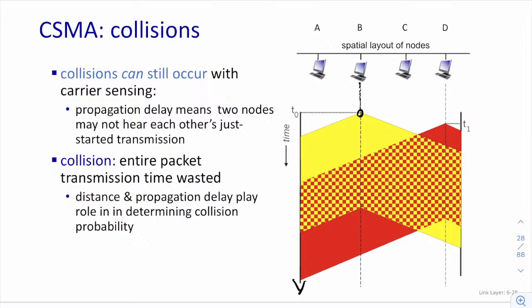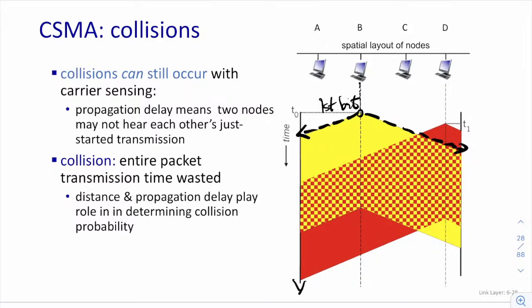So B senses the channel, and A, C, D do not send any signal. So B will send out its first bit.